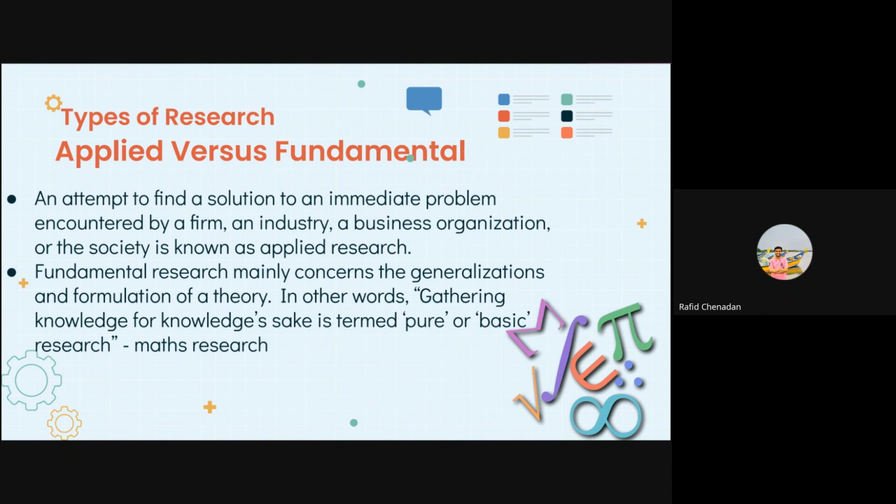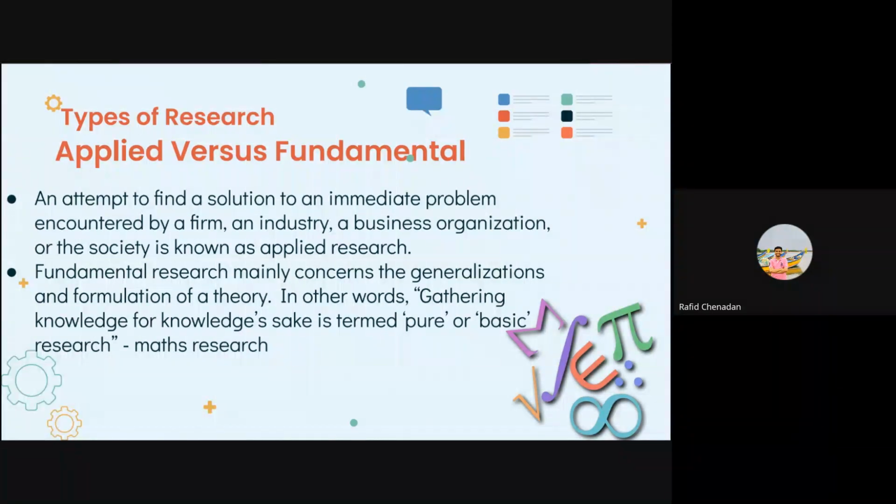Then we have fundamental research. Fundamental research is basically about the theory. So you can see the mathematical equation, right? And among those, you can see the pi. Pi basically is a number, right? Those who have some connection to mathematics might know about pi.